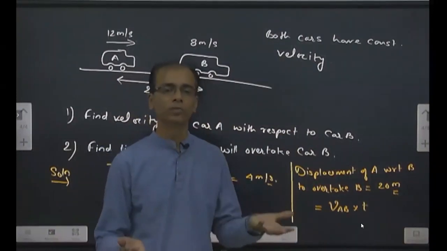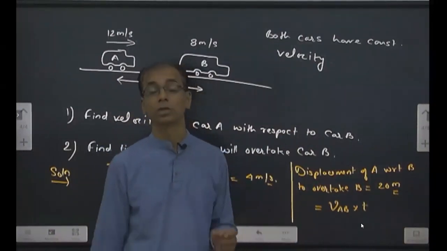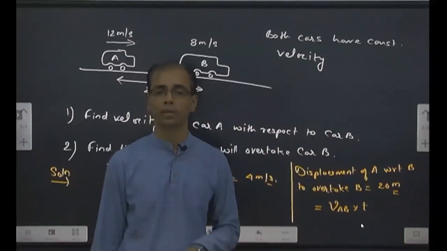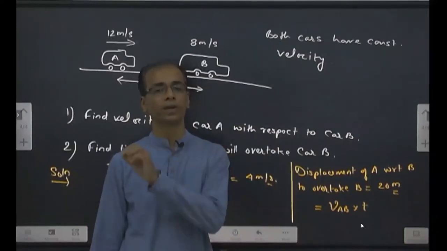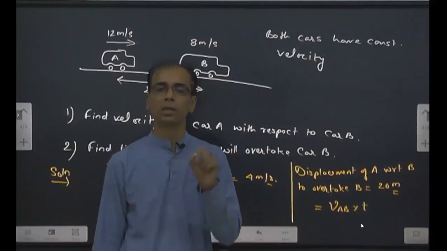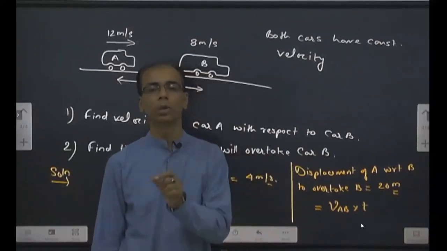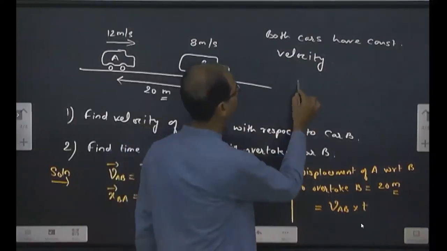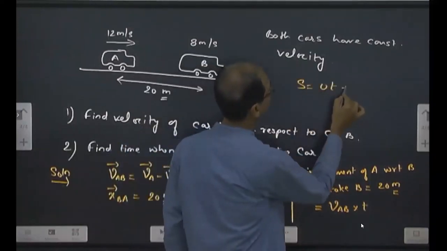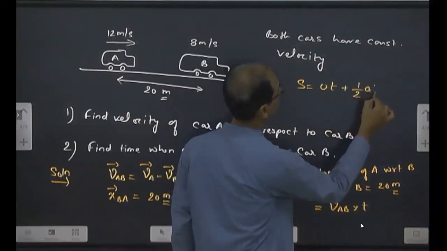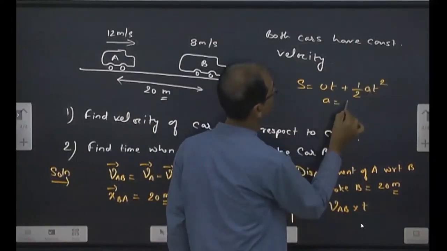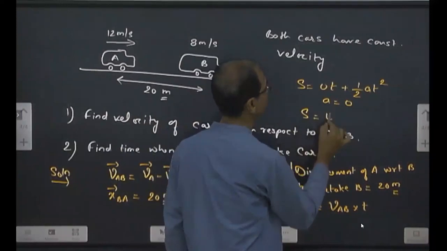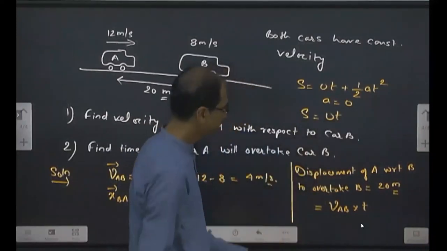Or you can use the second equation of kinematics, S equal to ut plus half at square. When acceleration is 0, what you'll write? S equal to ut. Exactly the same thing I'm going to write.